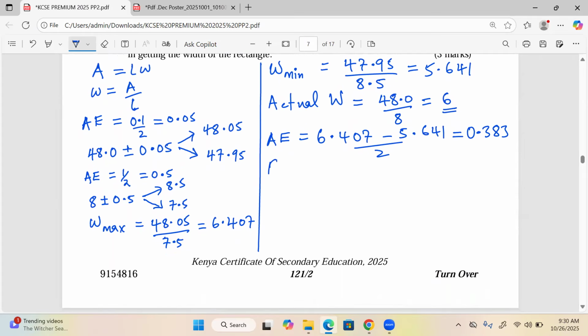So after that, we can talk about relative error, which is usually absolute error divided by actual. Then percentage error is given by relative error, which is this one, expressed as a percentage. So we multiply this by 100 over 6, giving us 6.383.